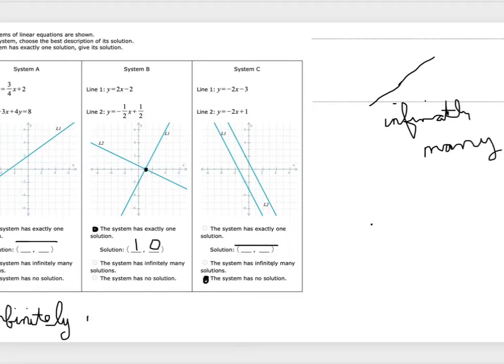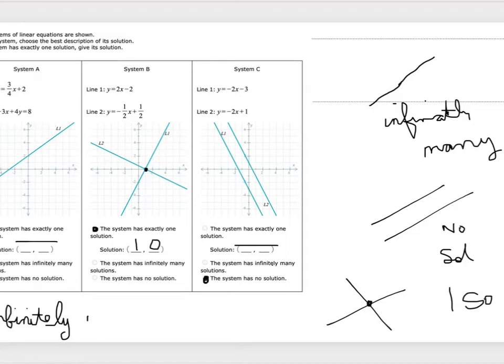If we have parallel lines, it means they never ever touch, so that's no solution. And then if we have 2 lines that cross at one point, that is the one solution. The one solution is that point.